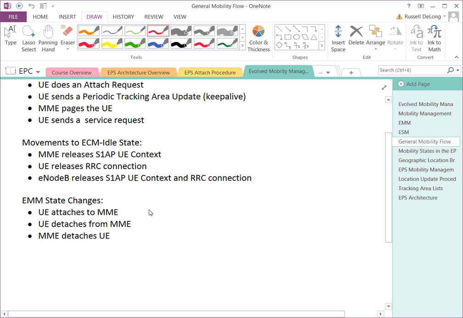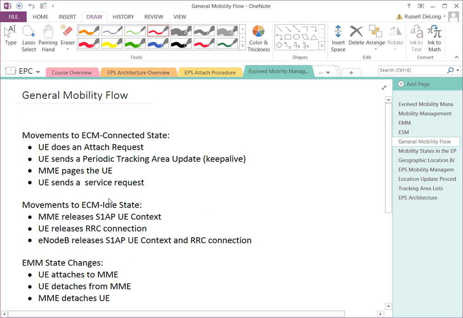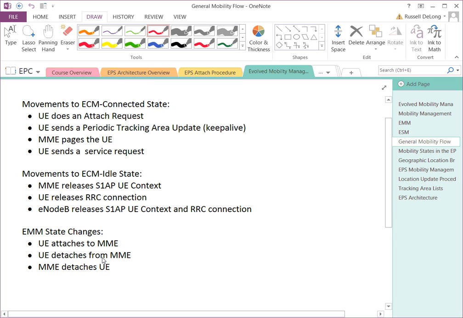EMM state. Now the user attaches to the MME, an example of transitioning from EMM deregistered to registered. That is in fact an attach request, or an active tracking area update would be really the only two where you're going to transition from deregistered to registered. UE detaches from the MME. Device might do that if, for example, you're moving between networks.